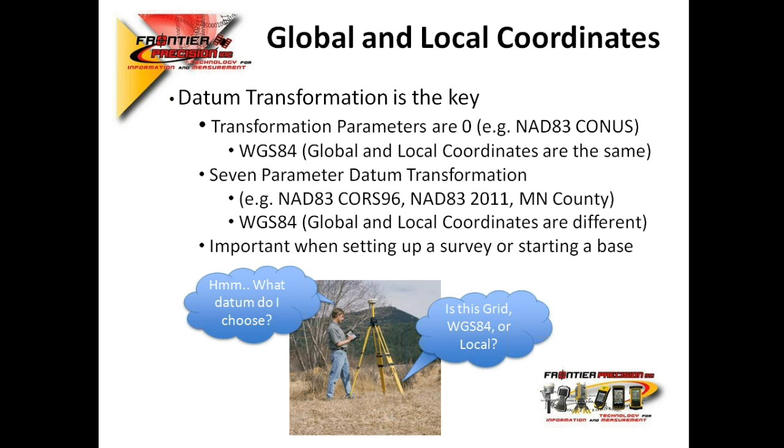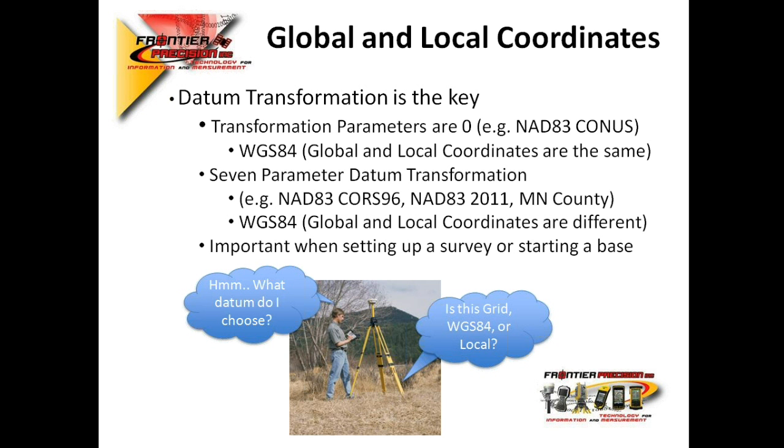As an example, when using the NAD83 CONUS datum transformation selection, the transformation parameters are set at 0. You cannot change that. So in all essence, the global and local coordinates within the Trimble software are going to be the same. So when you go and key in a WGS84 value for starting your base station, as an example, the local value for that same position will be the same as the global value in the Trimble software.